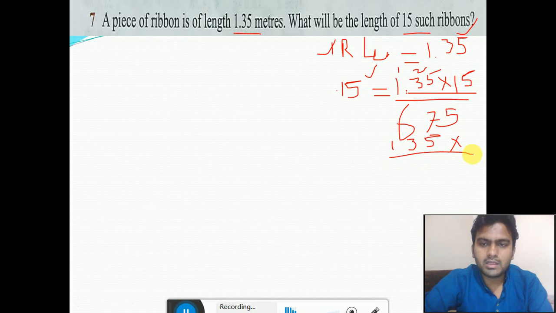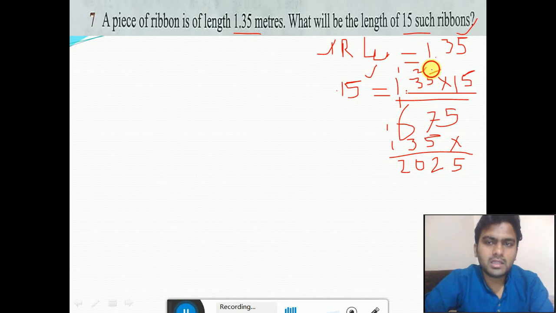Now add these all. 5, 7 and 5, 12, carry over 1. 6 and 1, 7 and 3, 10, 0 carry over 1. 1 and 1, 2. Now you got 2025.